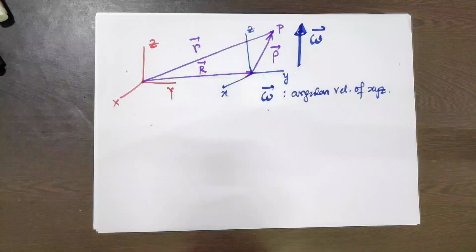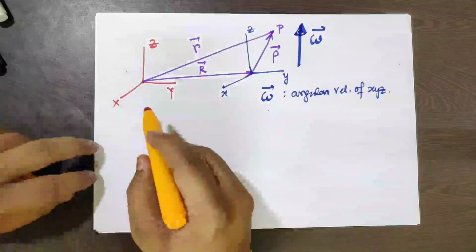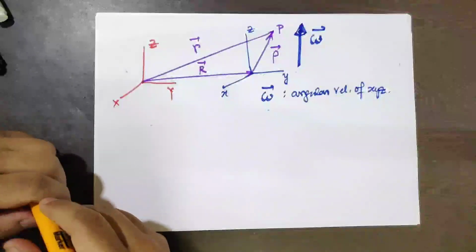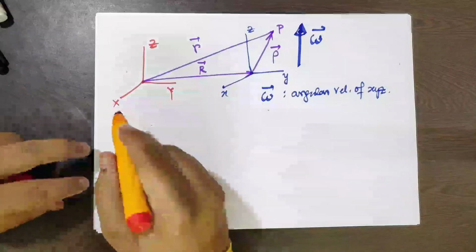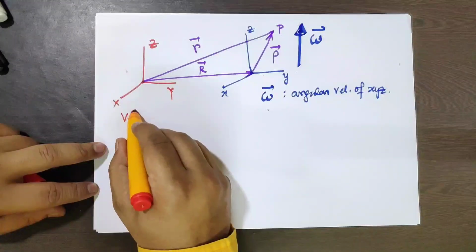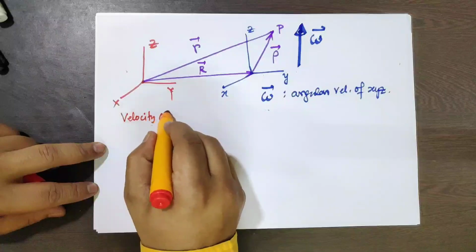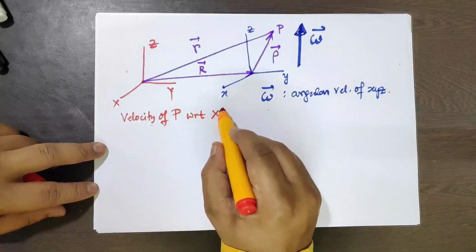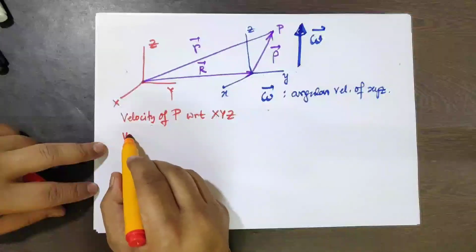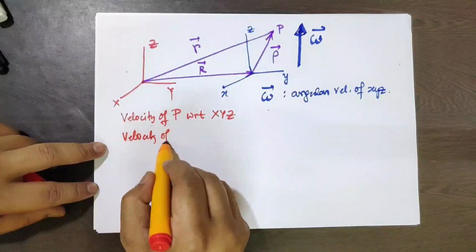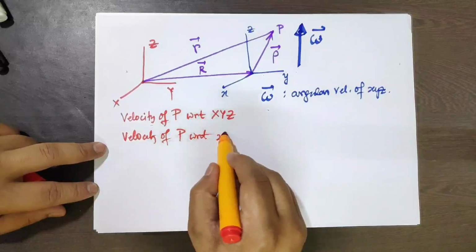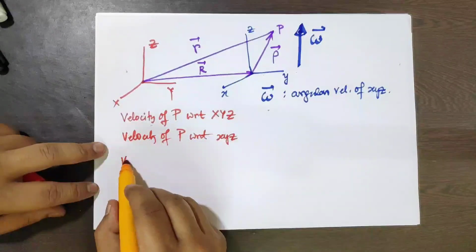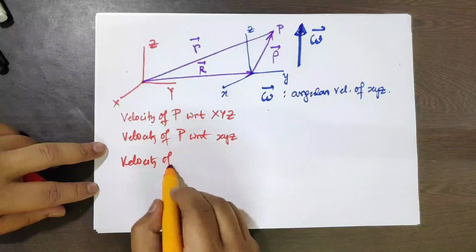Now the velocity of the particle P with respect to capital X, Y, Z, the velocity of P with respect to small x, y, z, and the velocity of the moving frame.